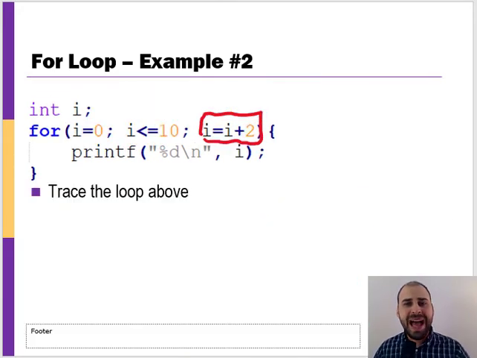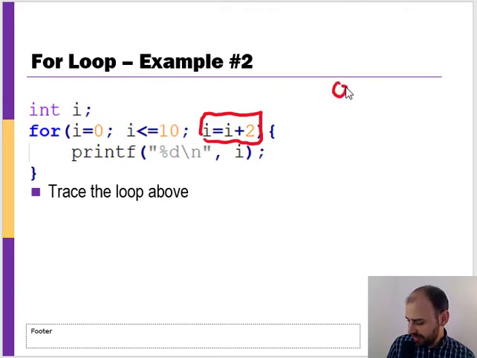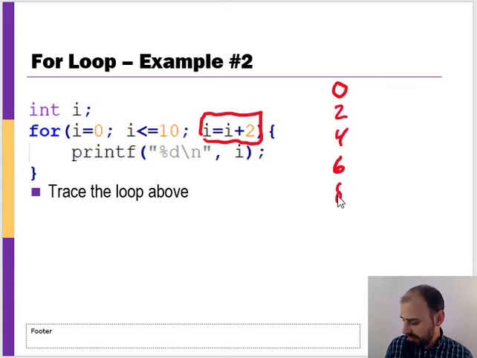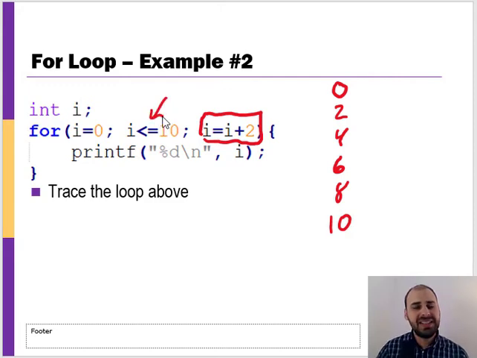All right, going back to this example here. This will be really similar to the last one. Well, what's this going to print? This is going to print all the even numbers. It's going to go 0, 2, 4, 6, 8, and it's actually going to also print 10 because this is saying, while I is less than or equal to 10.